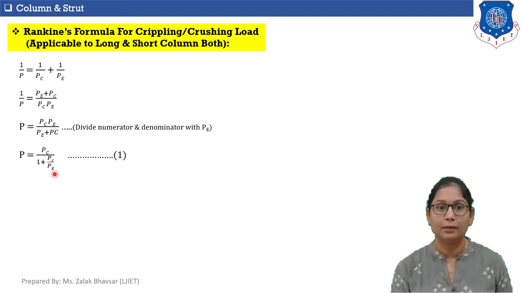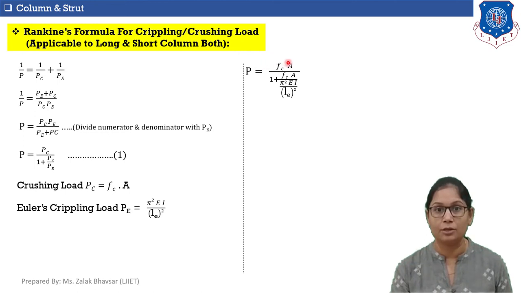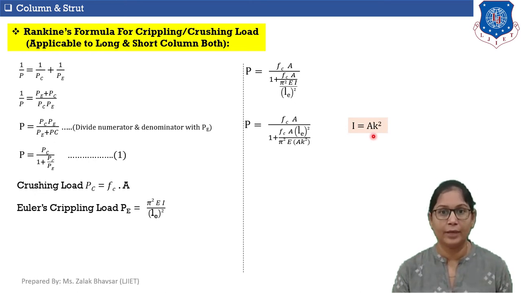Now we know that PC is the crushing load and it is equal to FC into A, and Euler's crippling load PE is equal to pi square EI upon LE square. So if I put the expressions for PC and PE in equation number 1, then I get P is equal to FC into A upon 1 plus FC into A upon pi square EI upon LE square. Now I is equal to AK square.